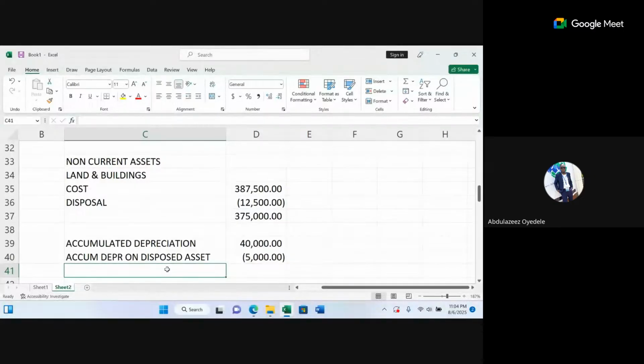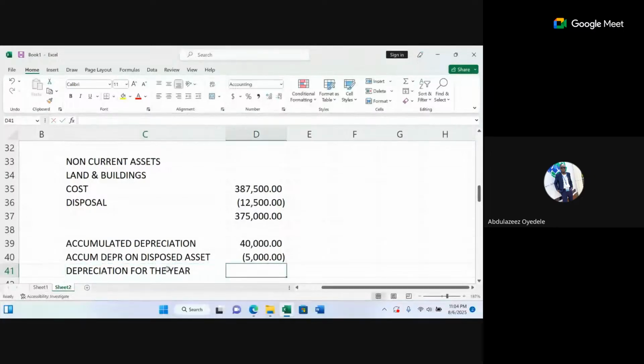So the next thing we need to do is to now charge the depreciation for that particular year. You know that this accumulated depreciation of 40,000 is the depreciation from the previous years. Now the current year depreciation that we have calculated will also be added to the accumulated depreciation. So let's look at the depreciation for the year.